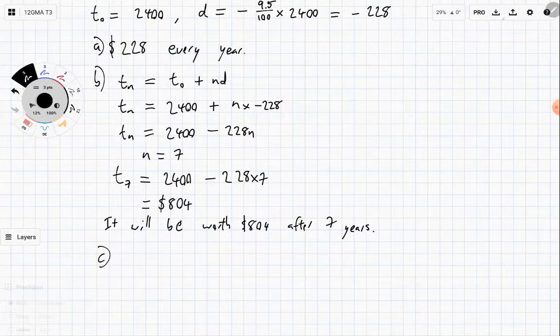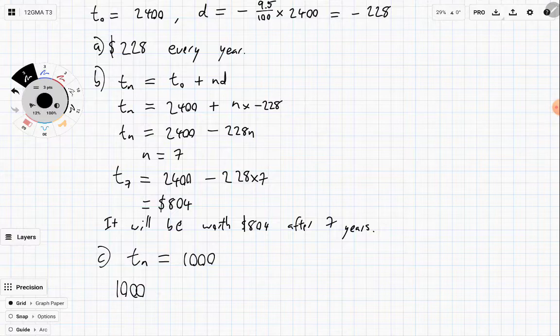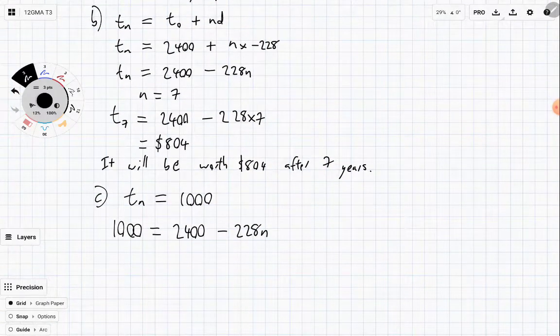So since the value is Tn, then we're just going to be substituting in for it. When is Tn equal to 1,000? So we get 1,000 is equal to 2,400 minus 228N. Solve for N. So let's subtract 2,400 from both sides.